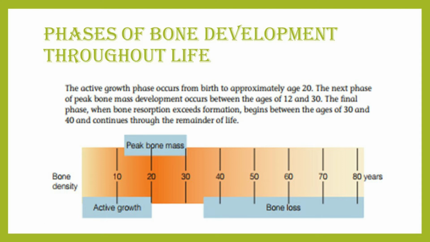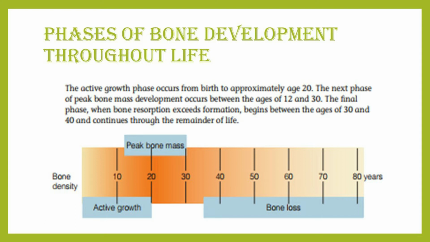All adults lose bone as they grow older, beginning between the ages of 30 and 40. Should bone losses reach the point of causing fractures under common everyday stresses, the condition is known as osteoporosis.